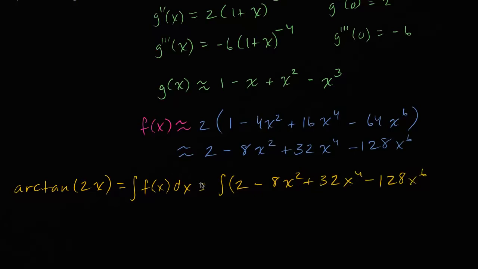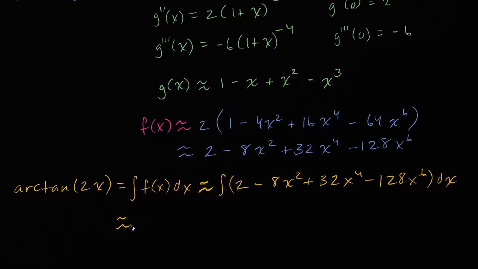Actually, let me make this approximate, because now, of course, we're doing an approximation with the power series, dx. And what is this going to be equal to? So we get approximately equal to, well, I'm going to have a constant there.